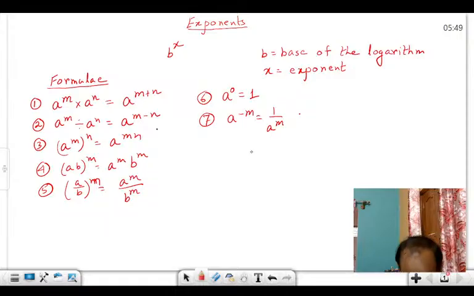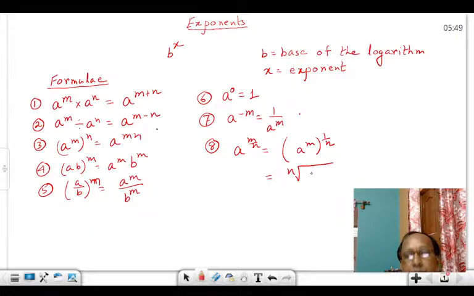And the last one, 8, is a to the power m by n. It can be written as a to the power m, to the power 1 by n, or it can also be written as the nth root of a to the power m.